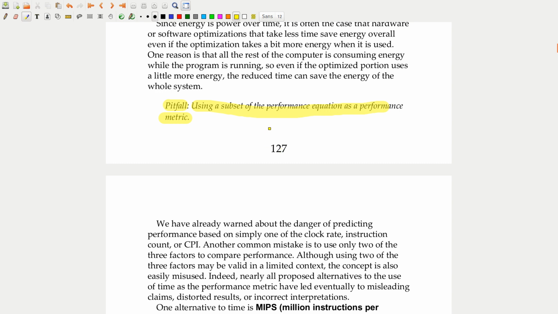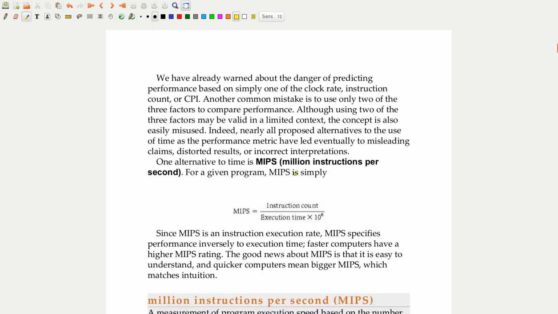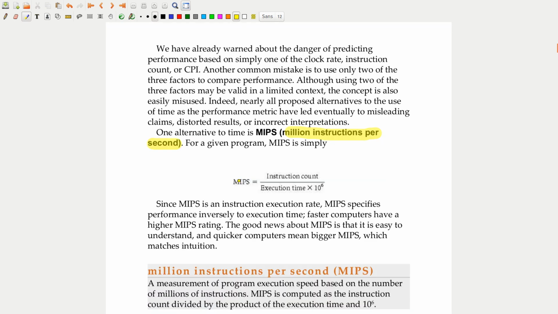We want it in its full performance metric context. So something like MIPS. MIPS is a very simple metric. It's just million instructions per second, right? So it's how fast can you do 1 million instructions.